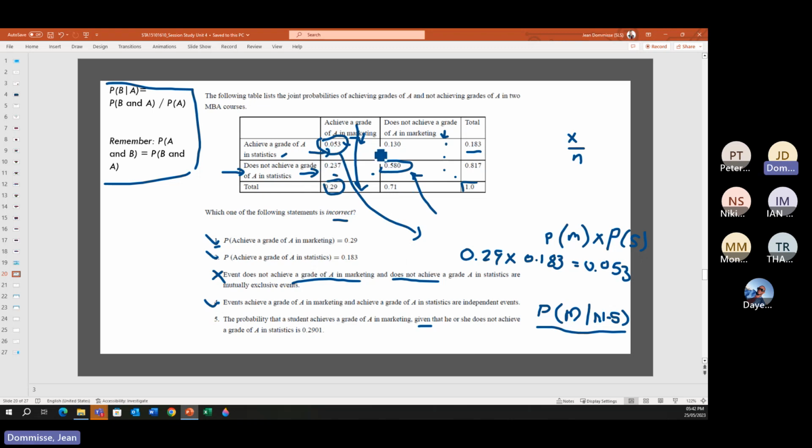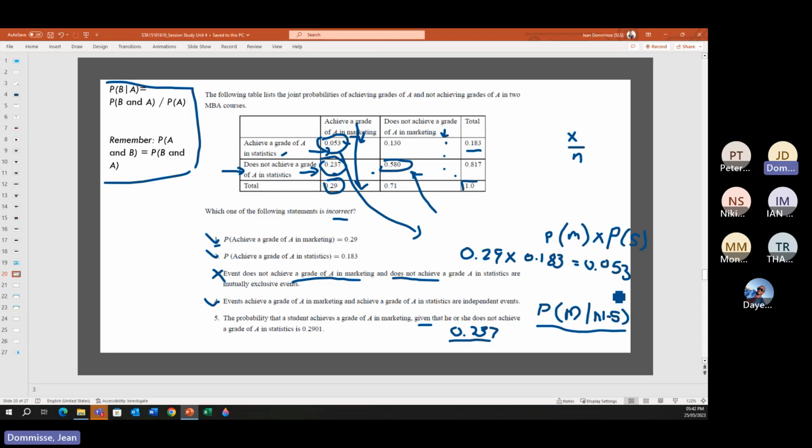So let's see what that is. The probability of A and NS is 0.237, and then that is divided by the probability of not A in stats, which is 0.817.